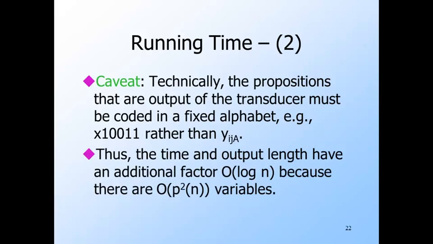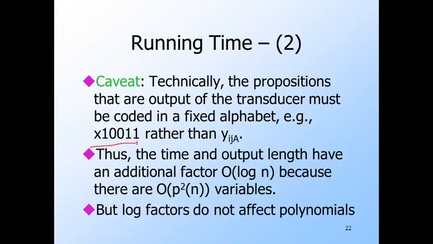We agreed to represent a variable by the symbol x followed by an integer in binary. To represent order p squared of n variables requires integers whose length is order log n. But this is no big deal. A factor of order log n is less than a factor of n, so all it can do is raise the degree of a polynomial by 1, not even that much. So in what follows, we're going to ignore factors of log n and just assume we can write down a propositional variable in constant time and space.